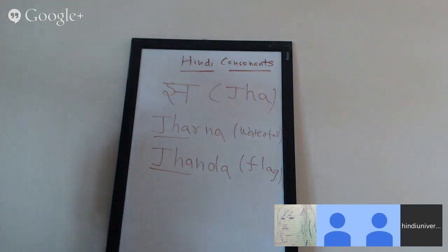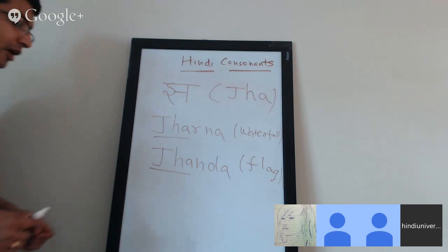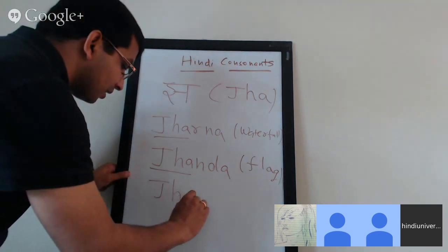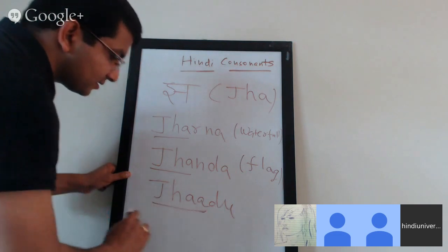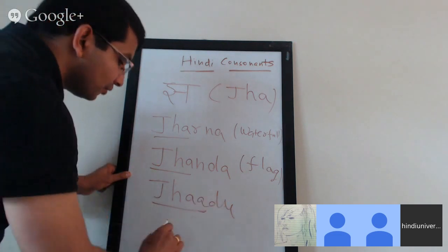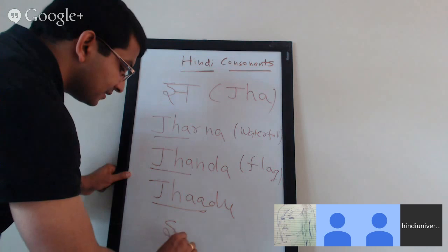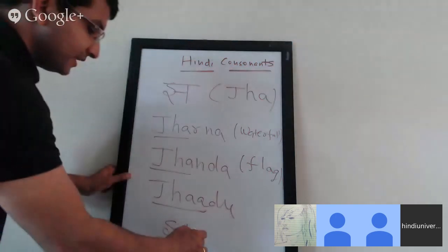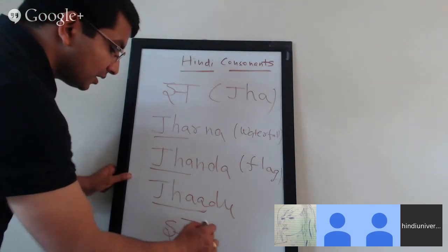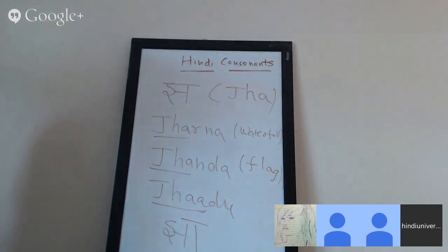As one of the students rightly pointed out, jadu. So as you can see, it's jha. Even though it is written like this, in this case there is an a sound coming here. So basically it's jadu.